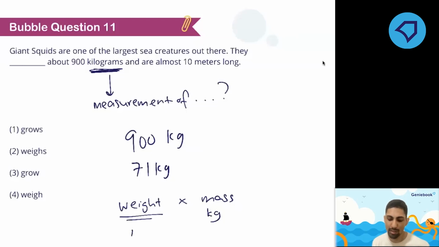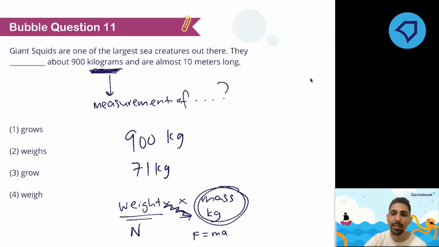Weight should be in newtons, because force equals mass times acceleration. But you know what? In everyday conversation, we just tend to say, oh, weight is in kilograms. By right it is mass. Take note of your math questions. Okay, so mass is supposed to be in kilograms.